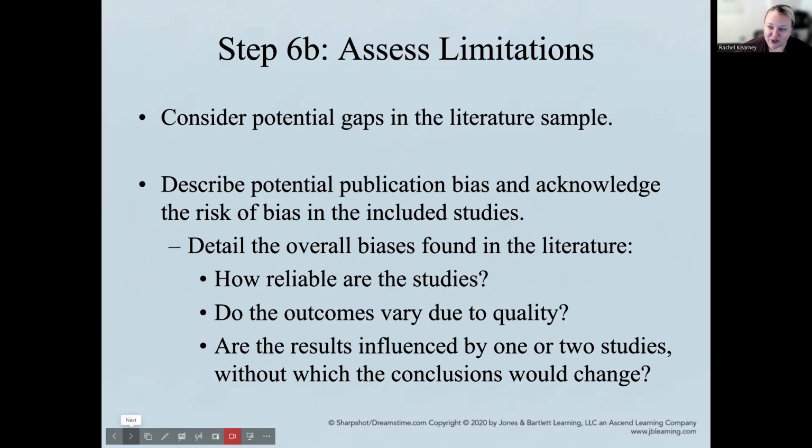Are there no randomized control trials? You have to evaluate the studies also. So are these studies reliable? Are there quality issues in some of the studies? How have you assessed the whole package of the literature on a certain topic?